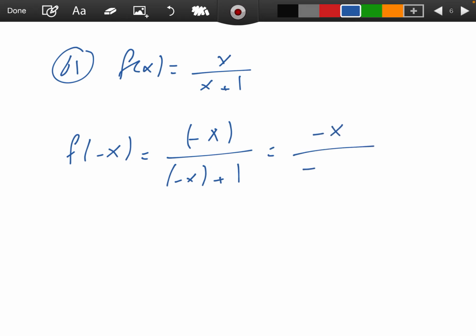Simplify it, negative x plus 1, it can't be reduced to negative x over x plus 1, and it's not the same as the function itself, so this is neither.